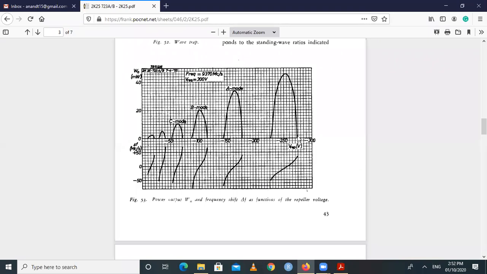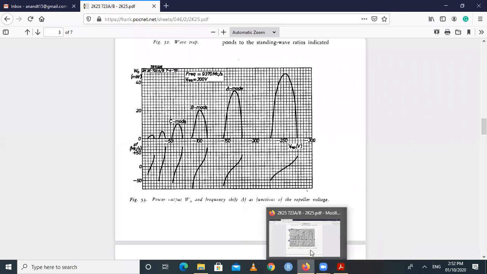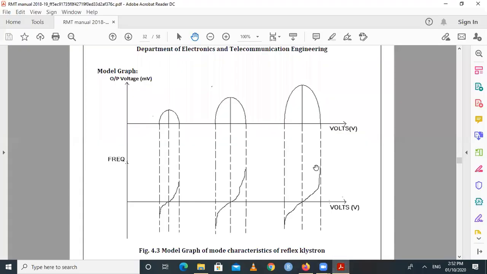For the first minima reading, the frequency is 9.76 gigahertz, then for maxima it is 9.75, and for the second minima it is 9.74. So this frequency is reducing. So we can plot graphs of the output voltage on the CRO with respect to repeller voltage, and frequency with respect to repeller voltage.